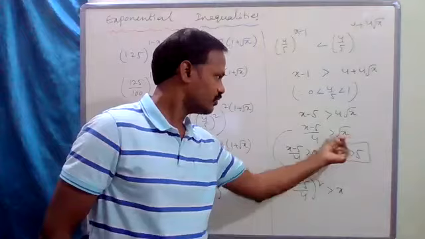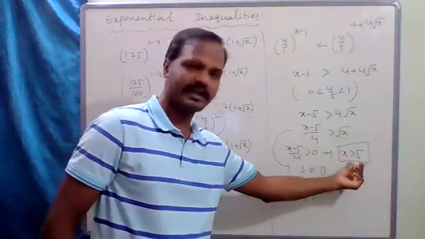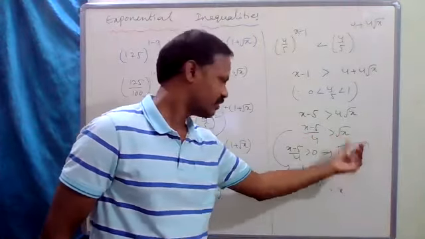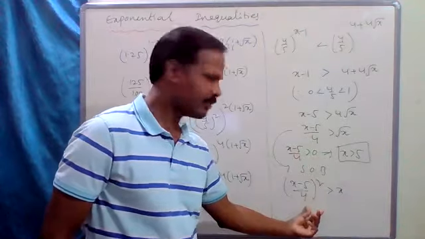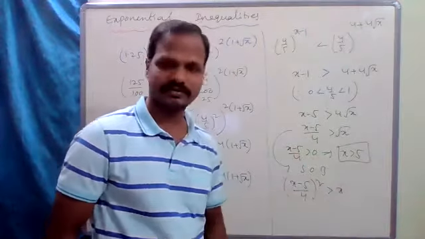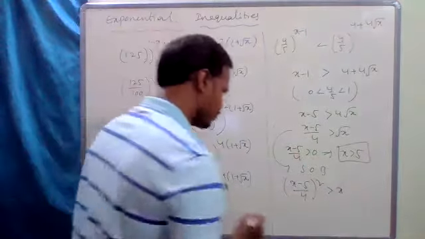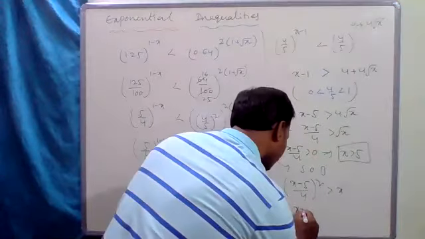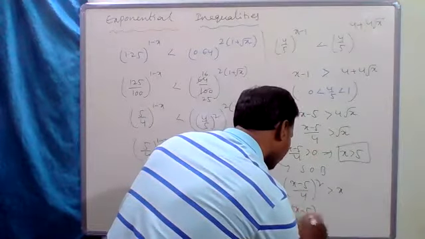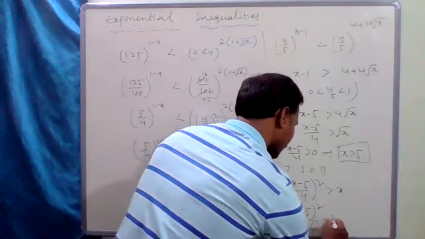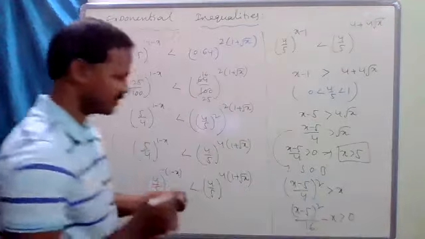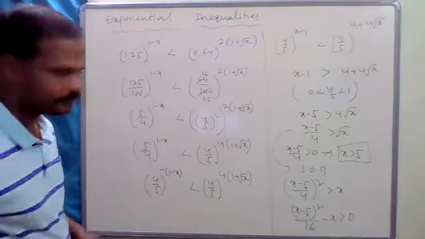This is positive, that means x greater than 5. Now simplify this. What will you get? x minus 5 whole square by 16 minus x is greater than 0.